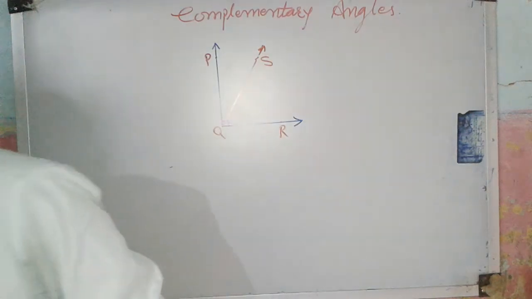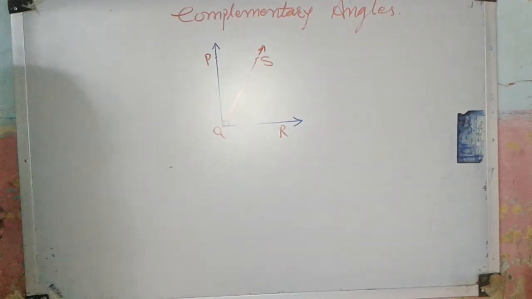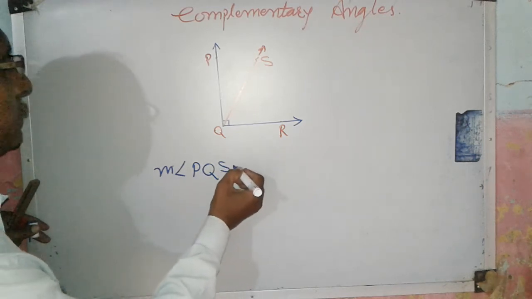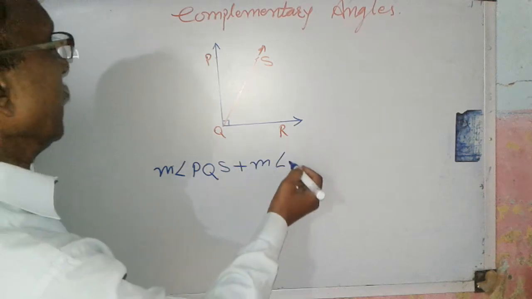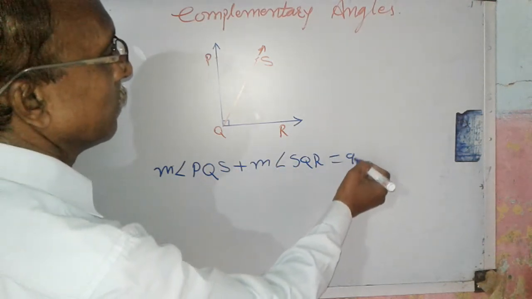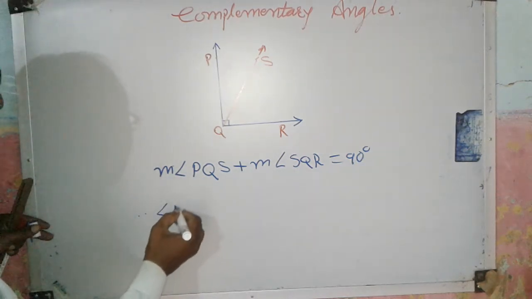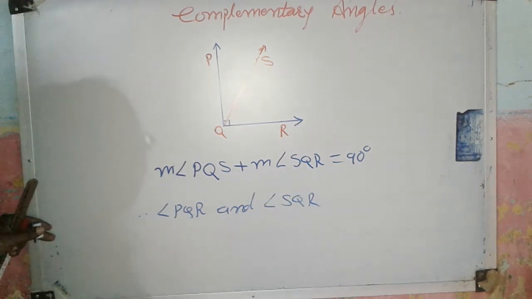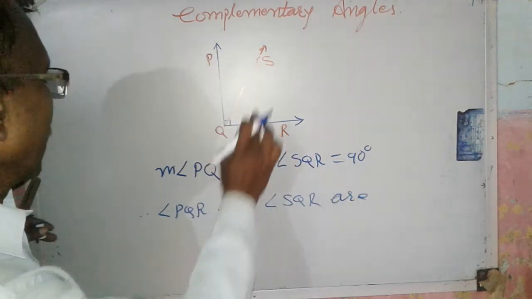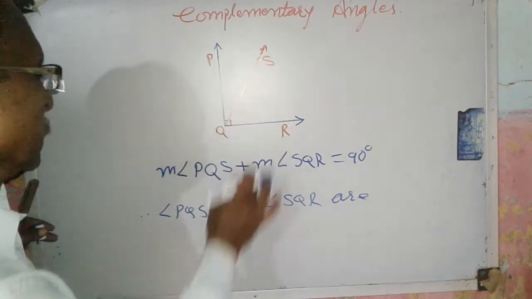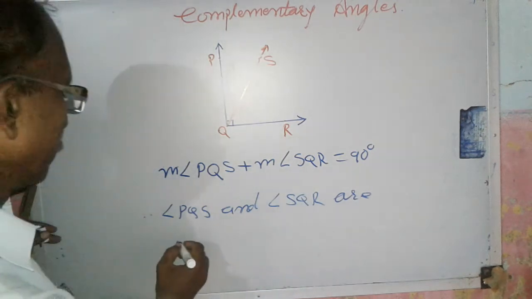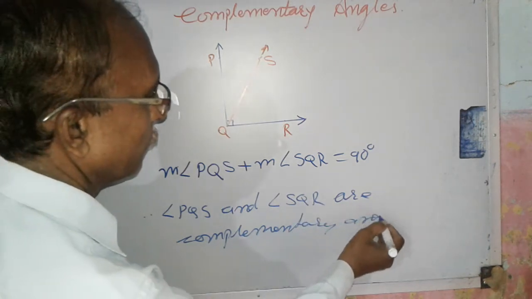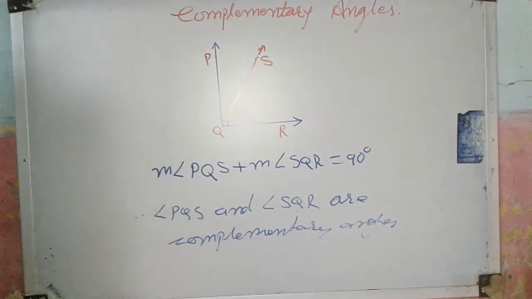So here, the measure of angle PQS plus the measure of angle SQR, and therefore angle PQS and angle SQR are complementary angles.